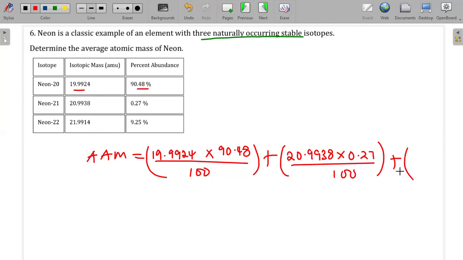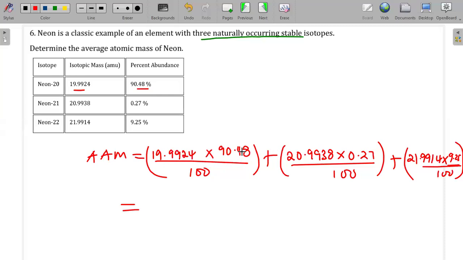Plus the other one has 21.9914 multiplied by 9.25 divided by 100. So that's how we're going to find the average mass.